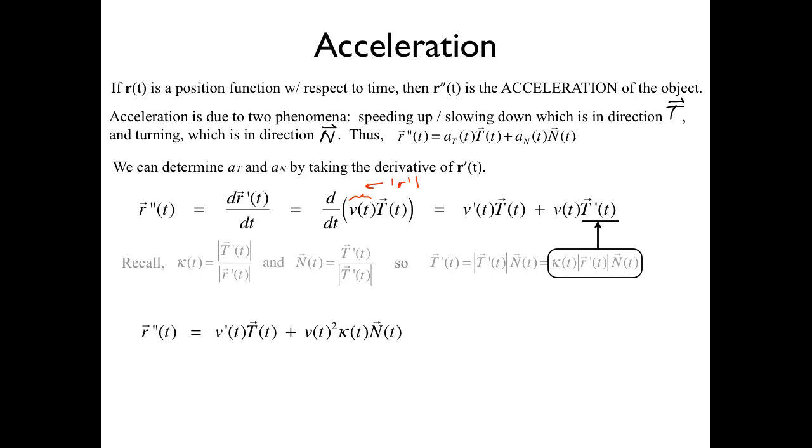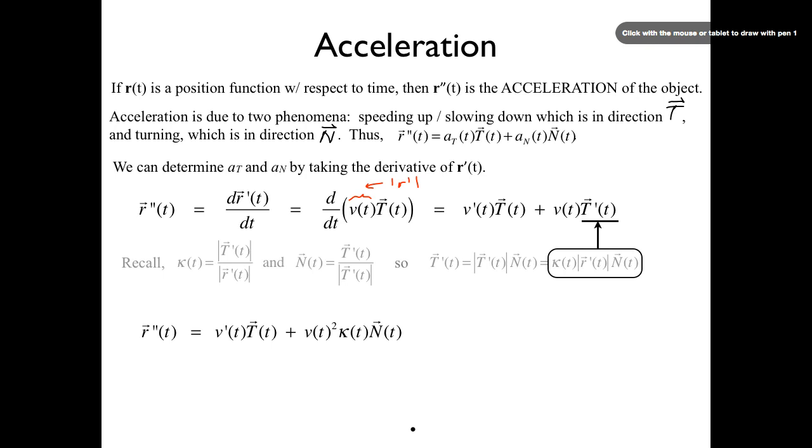So notice, magnitude of velocity, right there, what is that the same as? Magnitude of velocity is speed. So this right here, the magnitude of r prime, is also v of t, so we got v of t squared, times curvature times n.